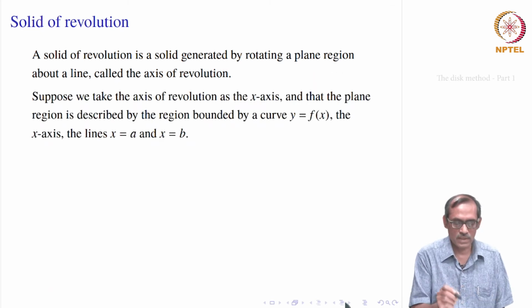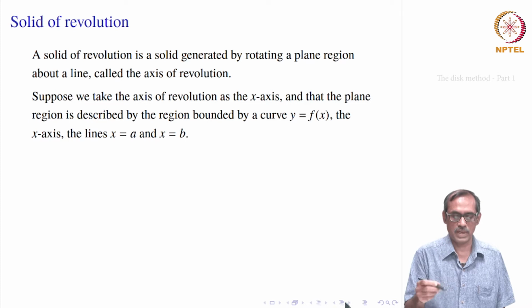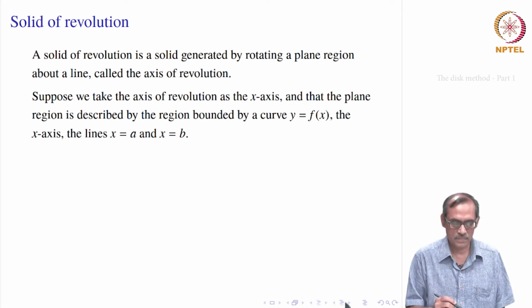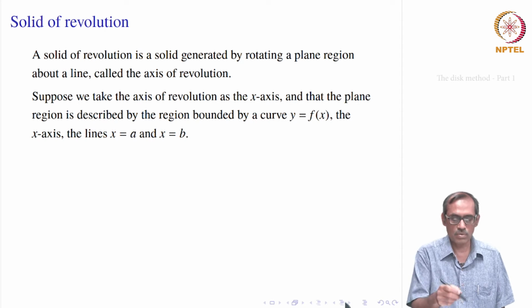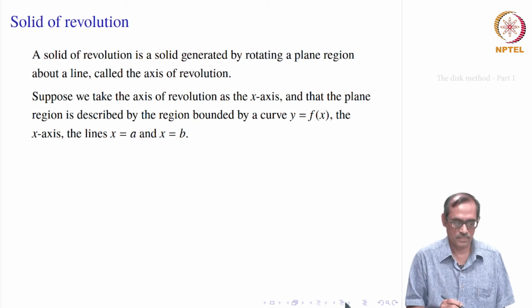Once you have a solid obtained by revolving a certain planar region around a certain line, how do we go about computing its volume? That straight line is called the axis of revolution.